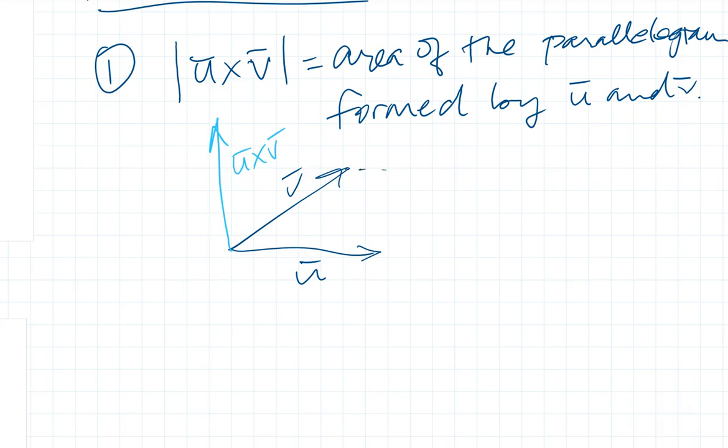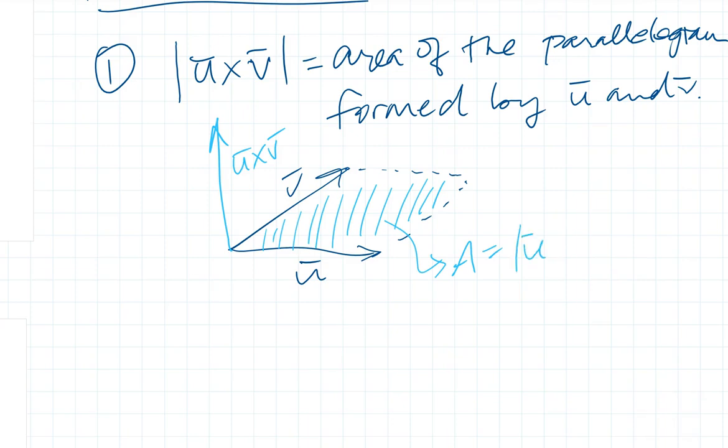So if you just move this over like this, so this area, oops, let me use a different color. This area inside here is going to be the length of u cross v.